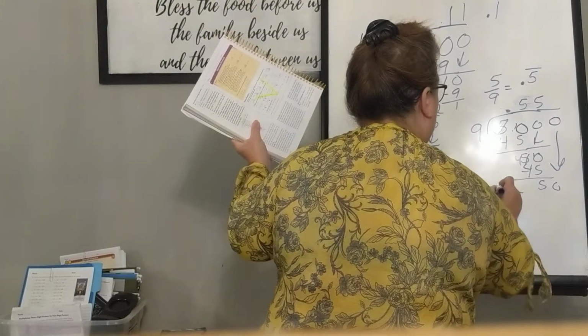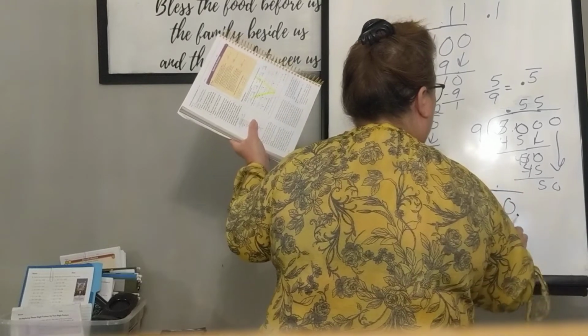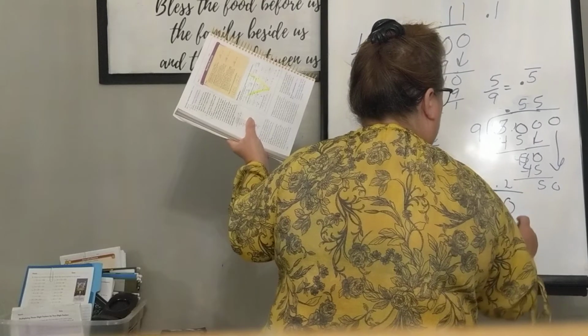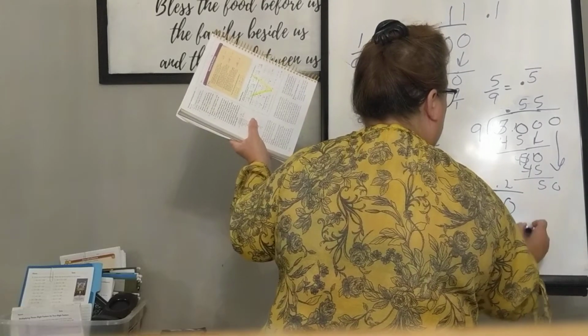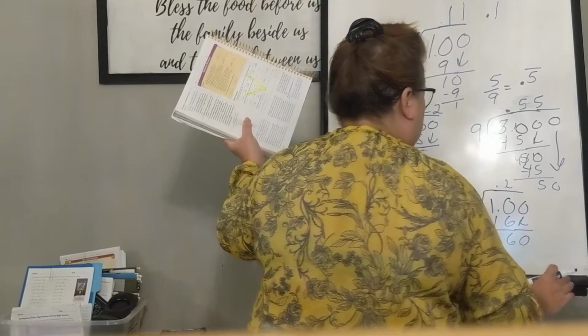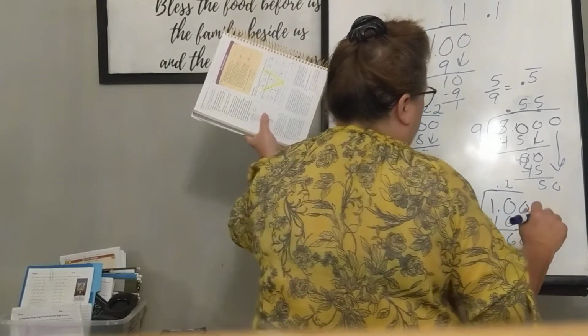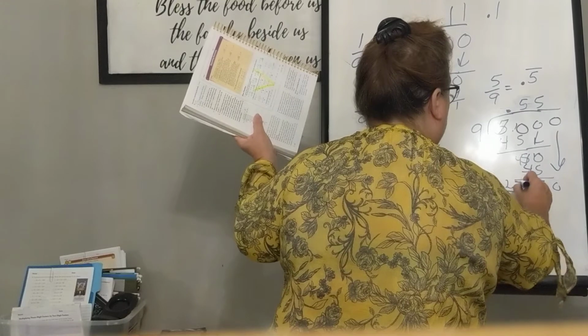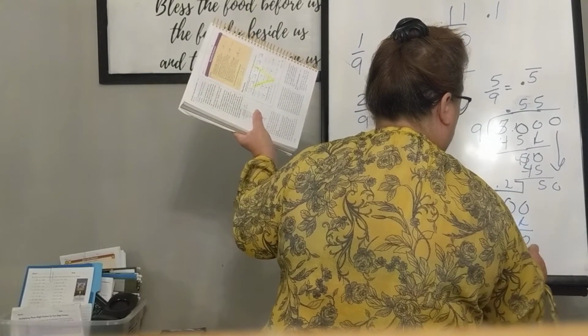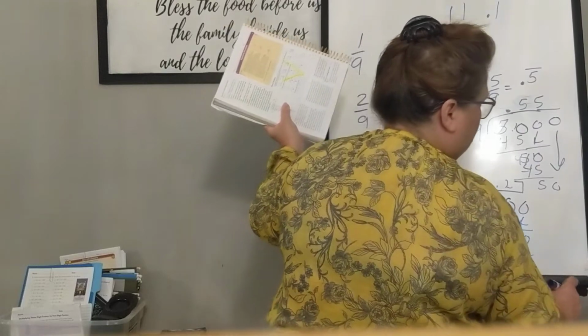So work it out real quick. 8 will go into 10 1 time. 8 times 1 is 8. 10 minus 8 is 2. We bring down the 0. And next is 0. 8 will go into 20 2 times. 8 times 2 is 16. Subtract. That would be 4.